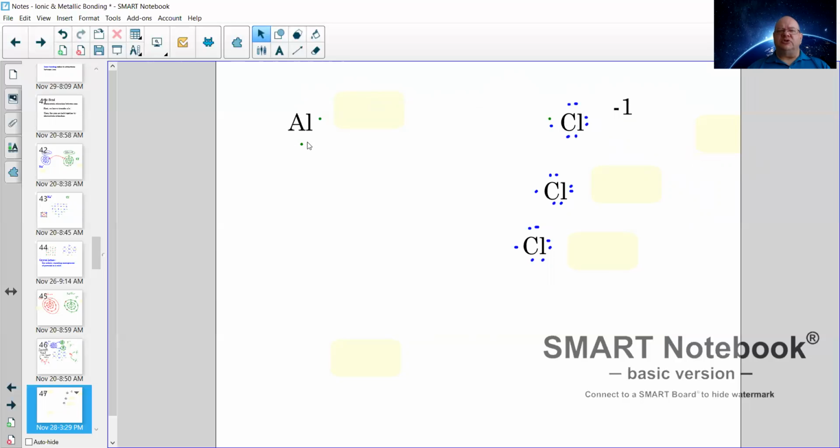But aluminum's got 2 more electrons. It doesn't want those. So maybe there's another chlorine in the neighborhood, and aluminum could lose another electron. Now that chlorine's got all it wants. It's a chloride ion. Aluminum still got a 3rd electron, so it would have to go to yet another chlorine to form a 3rd chloride ion. And overall, aluminum has lost 3 electrons, so it's got a charge of 3+.